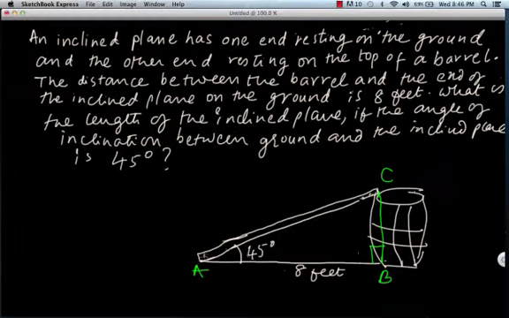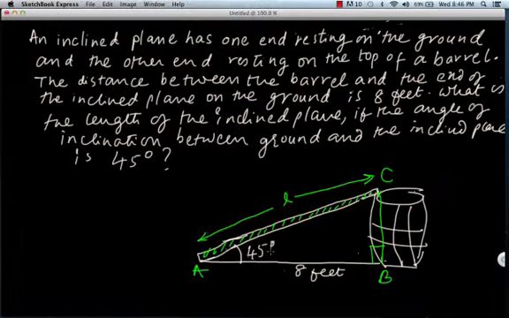So from the right angle triangle, we know that this side AC is the hypotenuse, and we know the distance between the end of the inclined plane that is on the ground and the barrel is 8 feet.